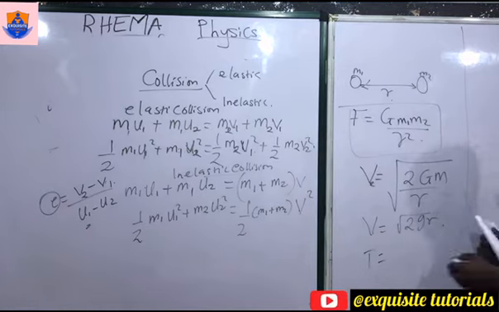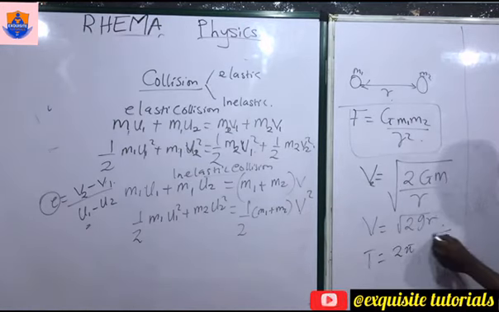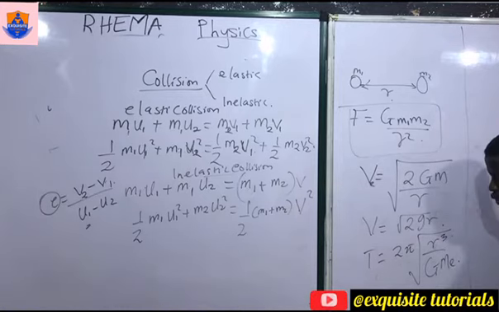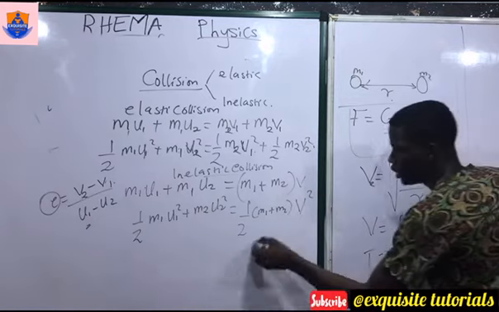T is equal to 2 pi square root of R over GM. When it has to do with the earth, it's GME. But take note, this R is in cube.